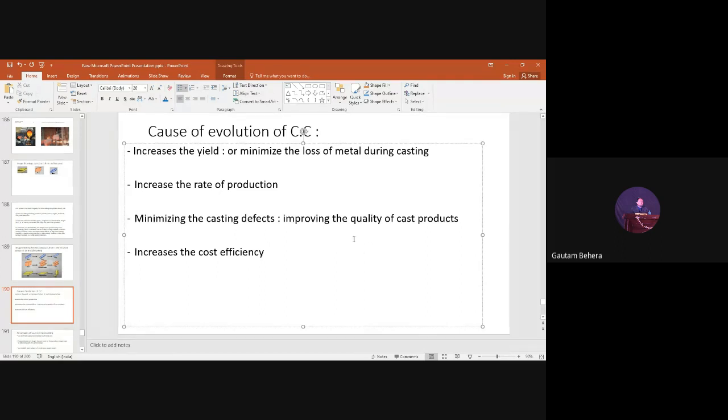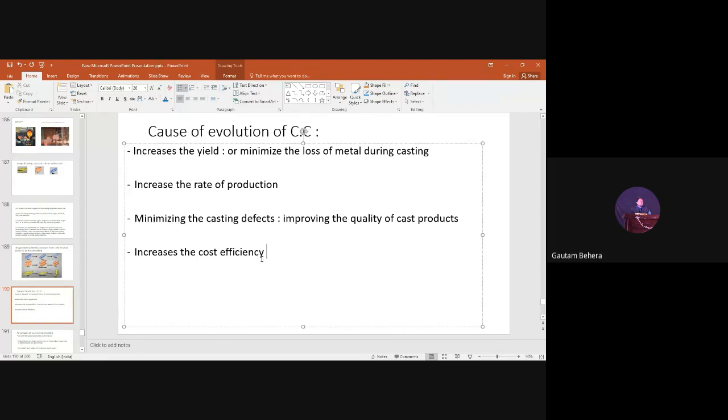And we'll see after some time that we are using agitation processes during continuous casting, so as to get minimum segregation, by using magnetic stirring technology.